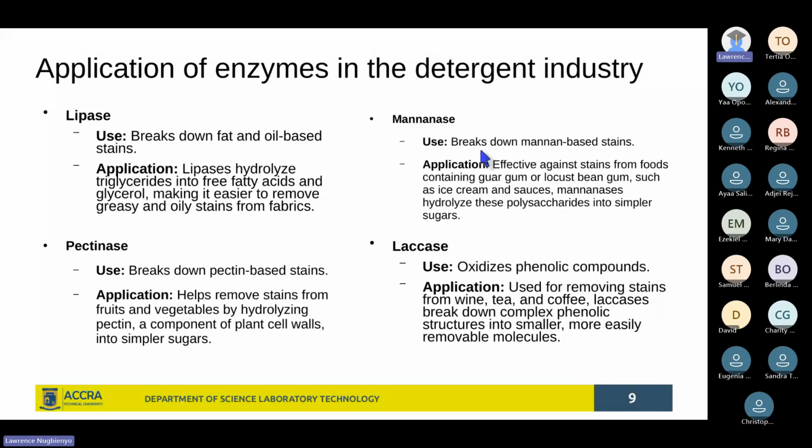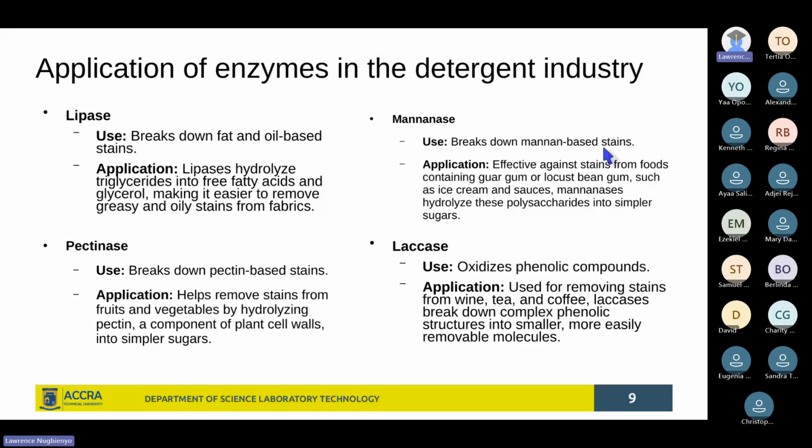There are also some stains that are based on polysaccharides, like mannan-based stains. You find these in things like gum.